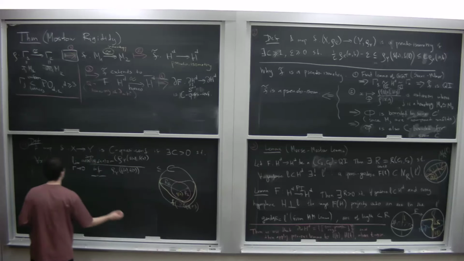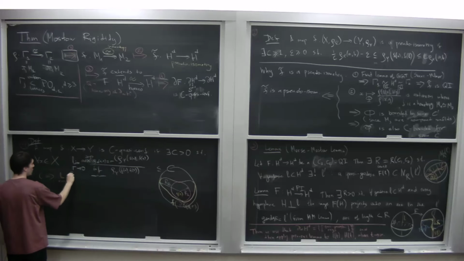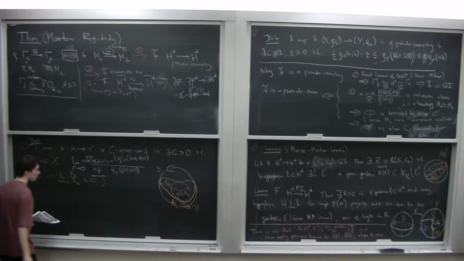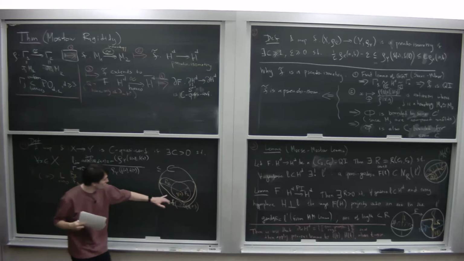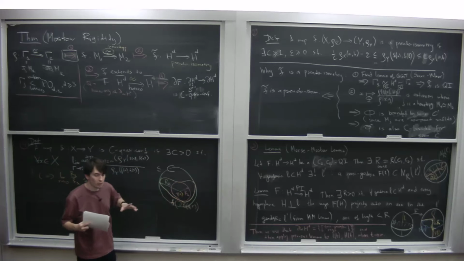So basically, my quasi-conformality means that the limit of R2 over R1 is bounded by C. So the ratio of R2 over R1.